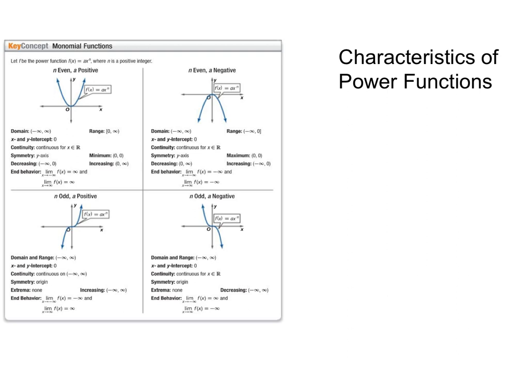Some of our other power functions which we have discussed before are our parabolas, so our quadratics and our cubics, where we are able to identify end behavior, symmetry, domain and range, x and y intercepts, etc. So we should be very familiar with these functions without having to necessarily graph them, because we've seen them before.